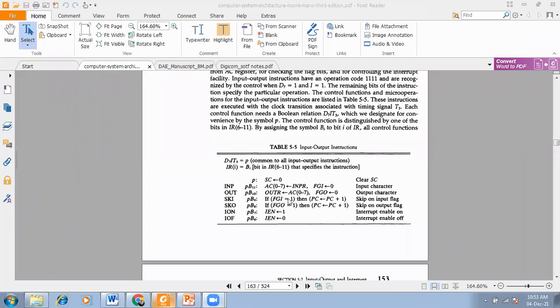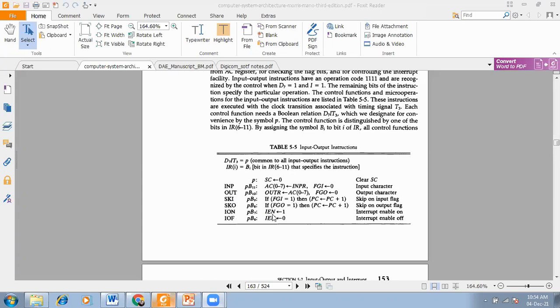Now PB0, in the same way, you are sending the data from the accumulator to the output register. In that case, that is the output character instruction, OUT, that you have to use. Similarly, when the interrupt enable pin is on, it goes high, or when the interrupt enable pin is off, it should be reset.